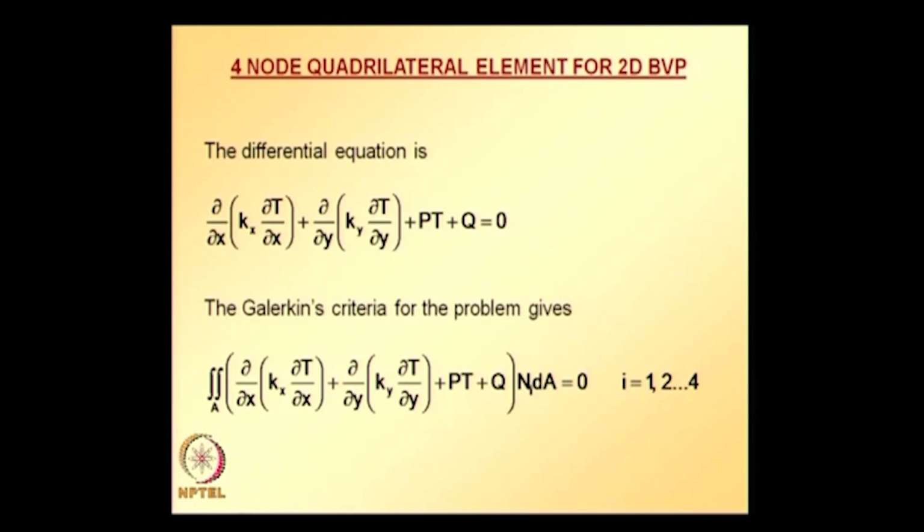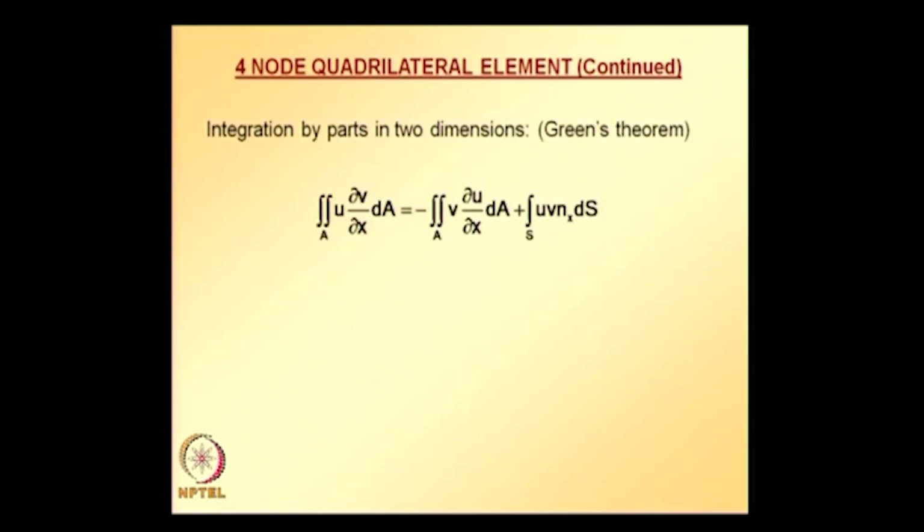For that we use Green's theorem. When we were looking at 3 node linear triangular elements, I already gave you these formulas, integration by parts in 2 dimensions: the double integral of u times the partial derivative of v with respect to x dA is equal to minus the double integral over the area of v times the partial derivative of u with respect to x, plus the line integral of u times v times the x component of the outward normal integrated over the boundary.